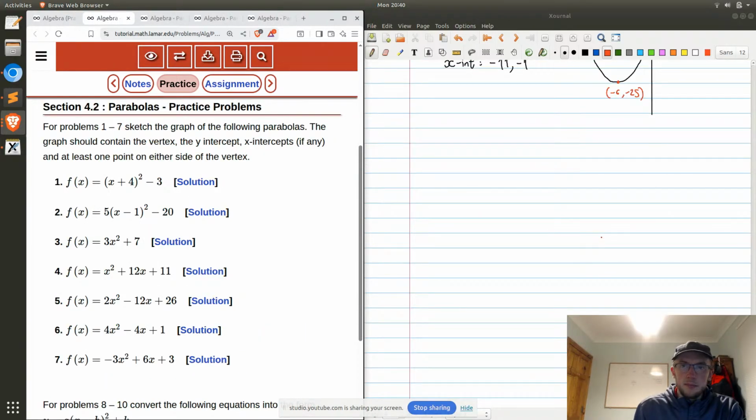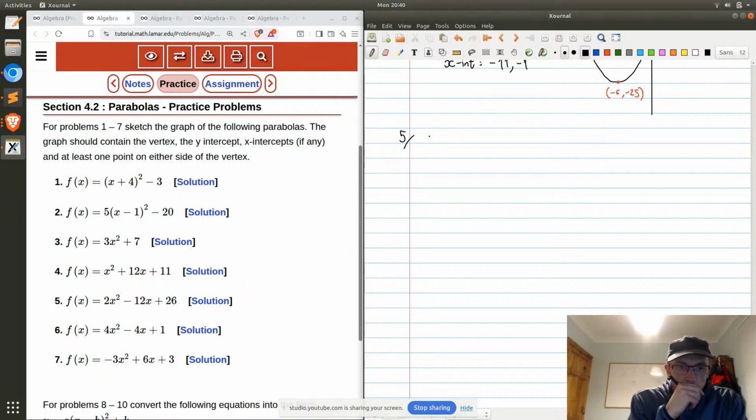Next up, two x squared take 12x plus 26. All right, let's get it into vertex form.